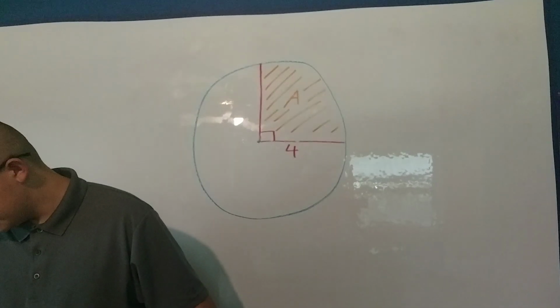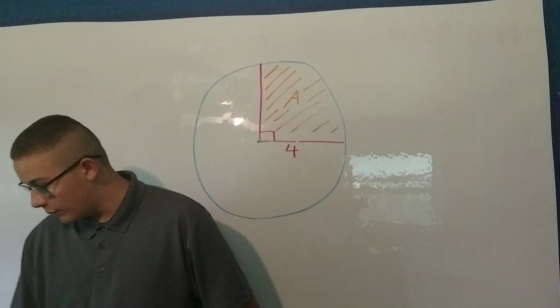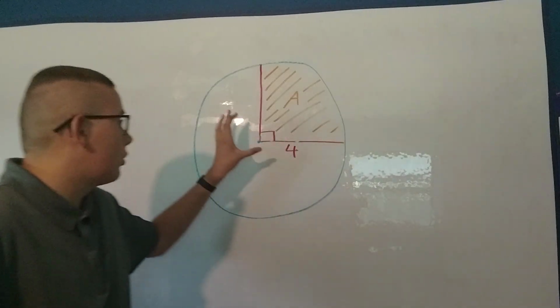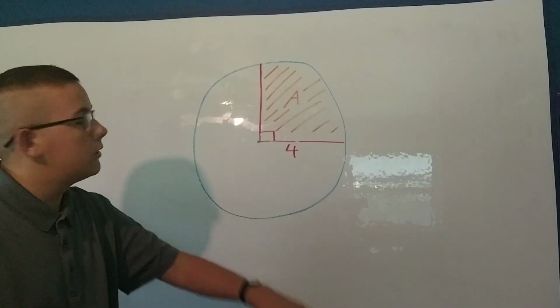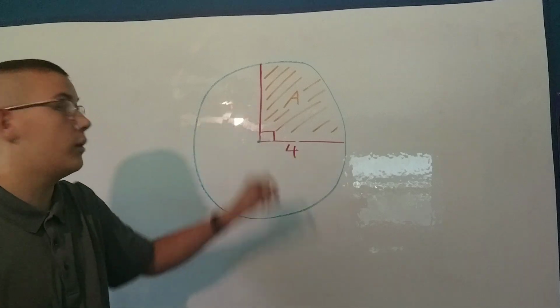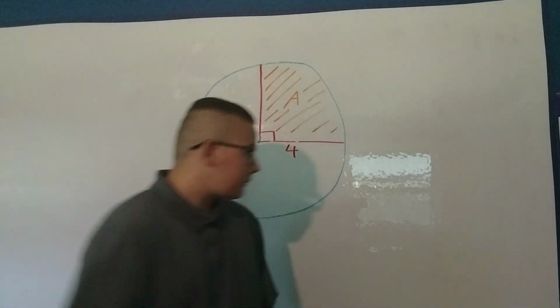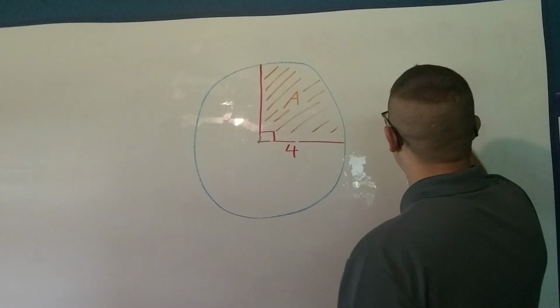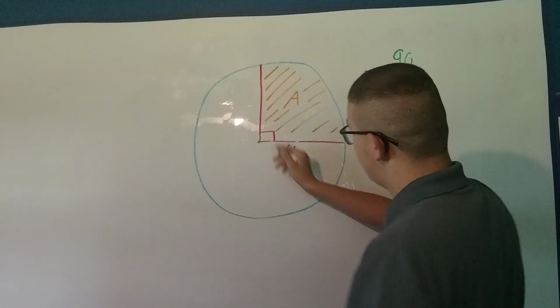But what we can also do is the same part over whole, where we take this part of the angle over the entire angle, times the part of the area over the entire area. Right? So we take the part of our angle, 90, over our entire angle.